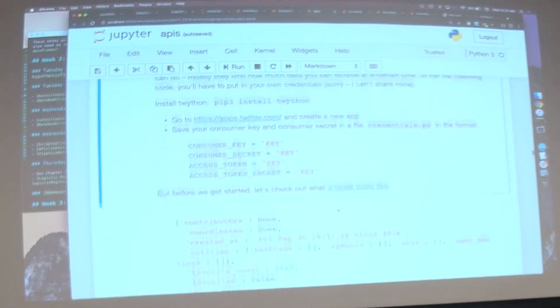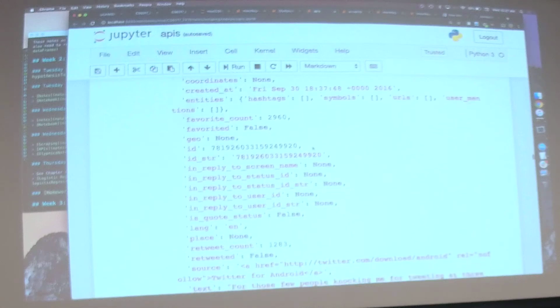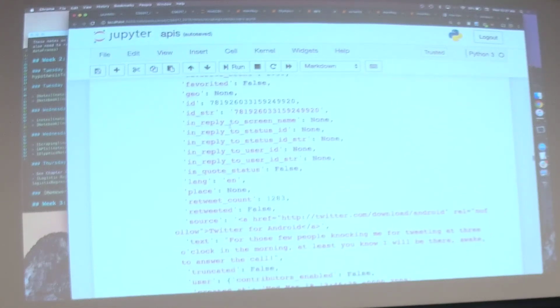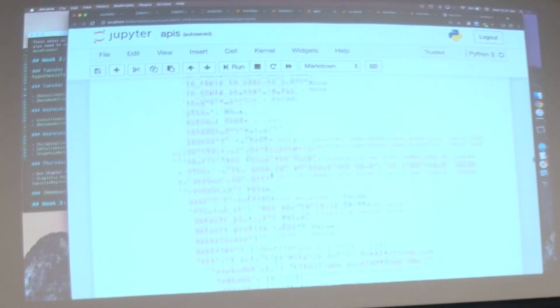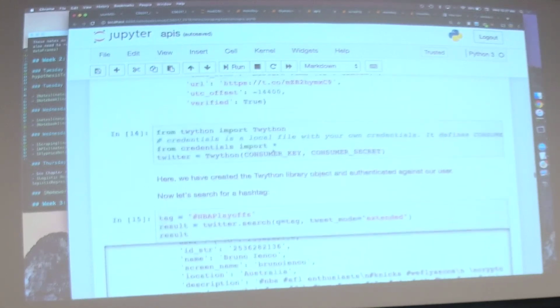So, this is a tweet. It's got a timestamp, stuff that's in it, number of faves, the tweet ID. ID is a string for some reason. Other information about the tweet, whether or not the user is verified, good stuff too.